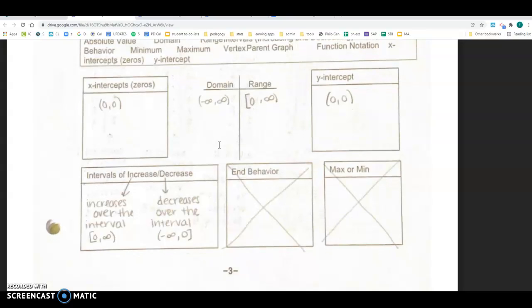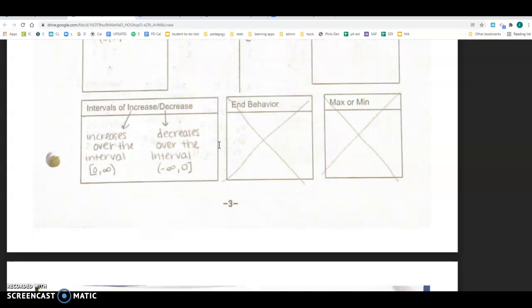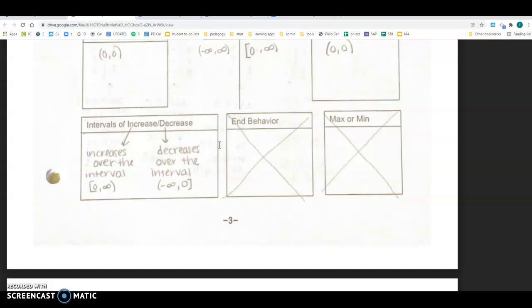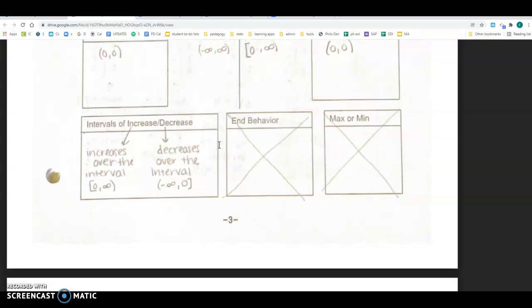Domain and range should also be familiar. The increasing and decreasing over the intervals, though, is something that's new, and we might not discuss this too much. We will just look at where the graph is increasing. Where does it look like the graph is going uphill? Where does it look like the graph is going downhill for decreasing? And I split the interval.